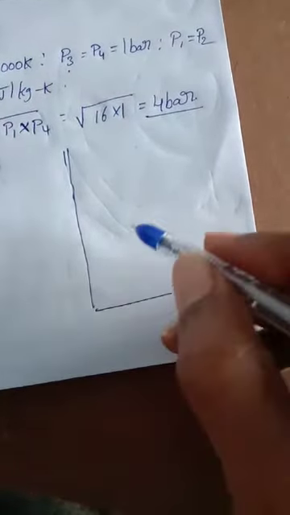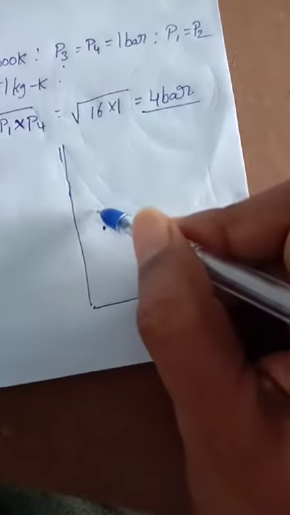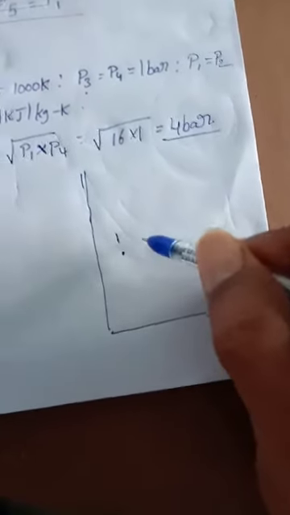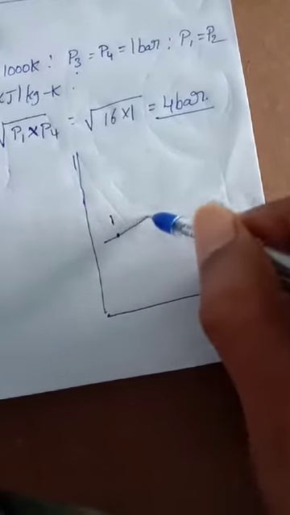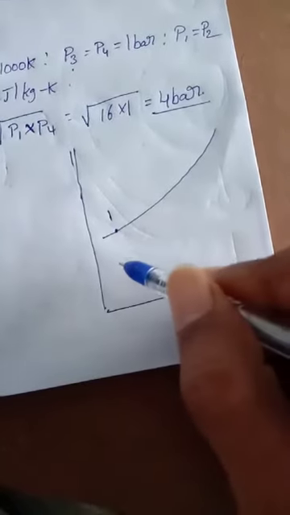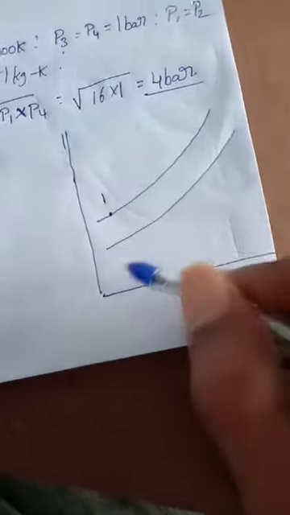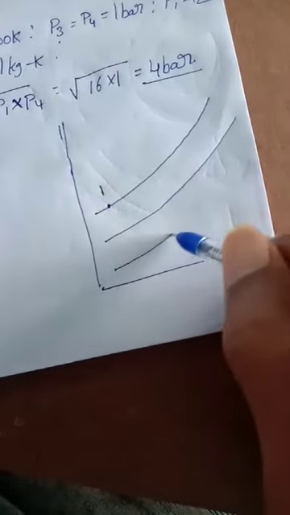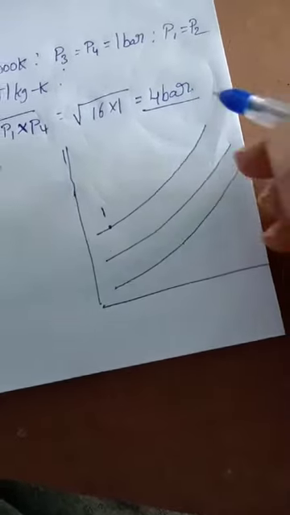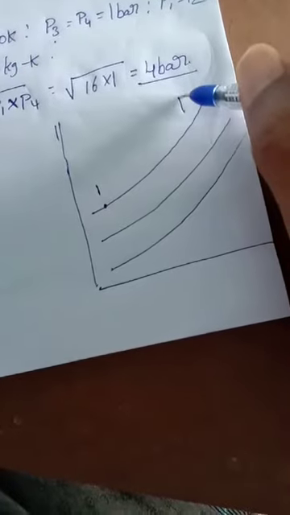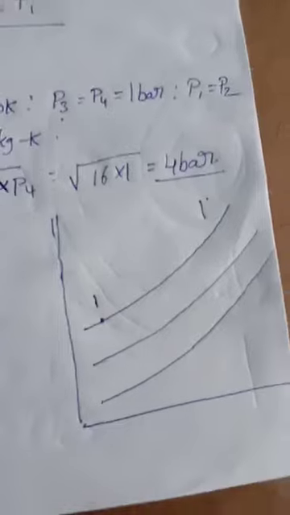For clear understanding, I am going to draw here. This is 1. This is the process here. Okay, here pressure is flowing.